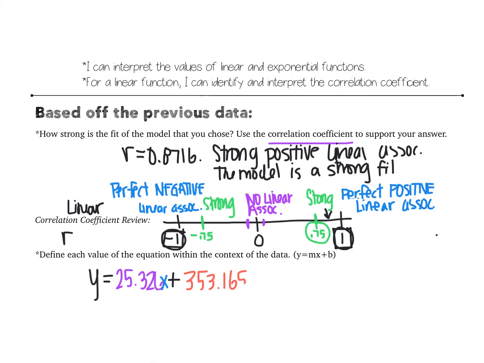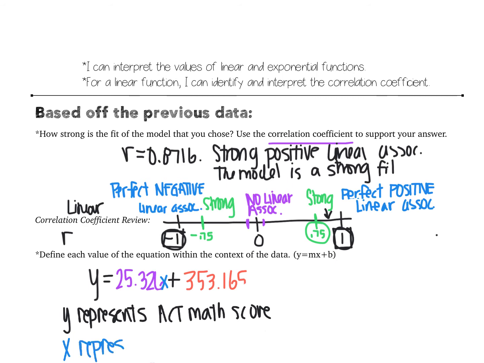All right, so the y in the context of the problem, the y represents the output, and that linear problem was kicking out ACT math score. All right, the x represents the input, and what predicted ACT math score was time spent studying.